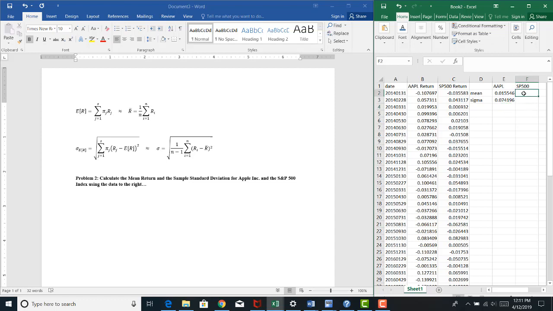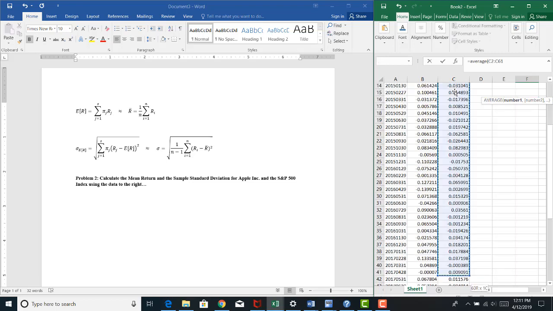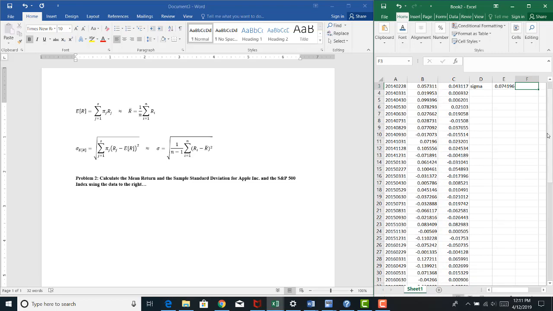I'm going to do the same thing for the S&P 500, and we'll try to draw some conclusions here. Equals average. The S&P 500 has averaged about 0.56% per month.